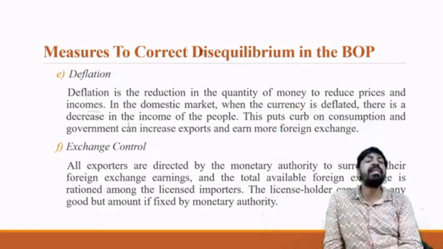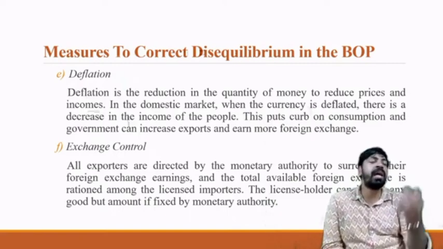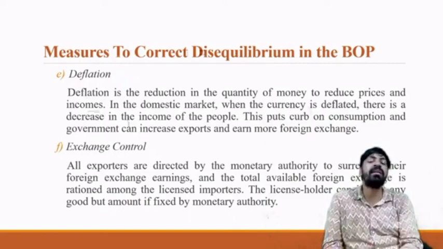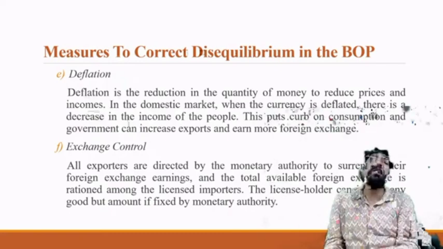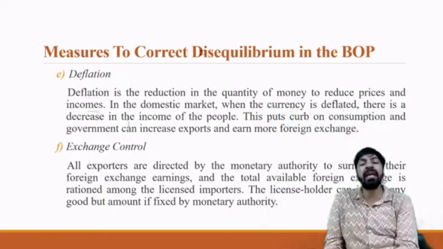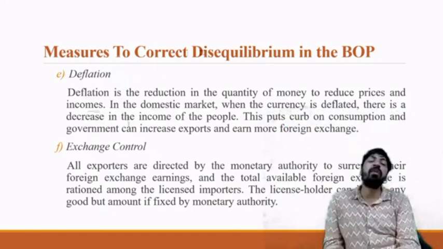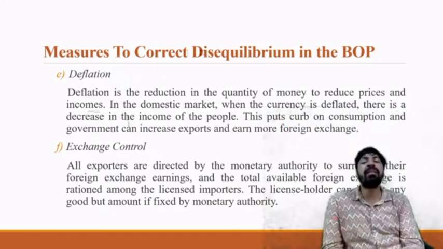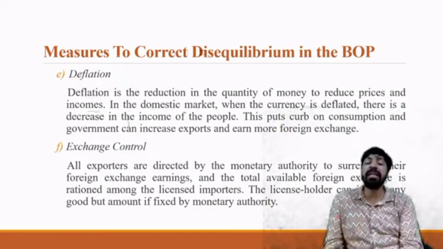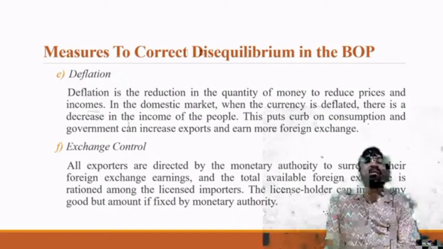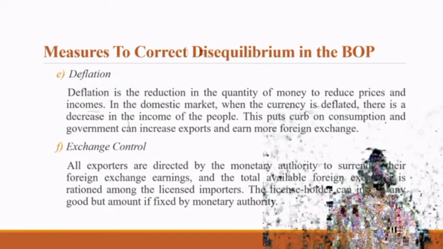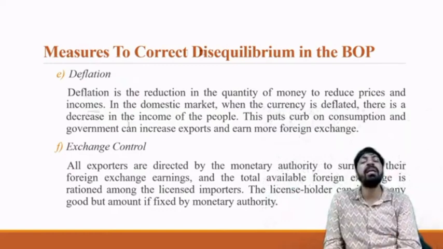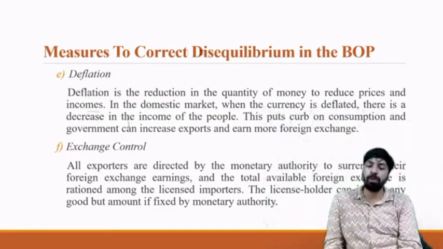The next one is exchange control. Whatever exporters exist in the country are always directed by the RBI to surrender their foreign exchange earnings, so that the total available foreign exchange can be allocated. A license will be given to those who obtain one from the government in case of imports.